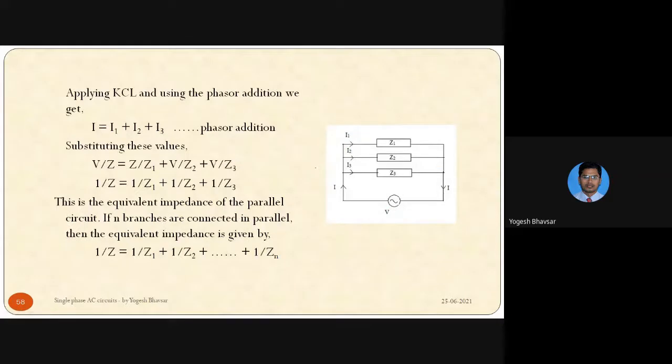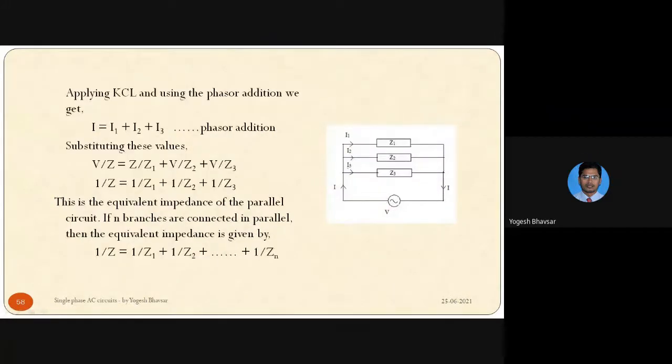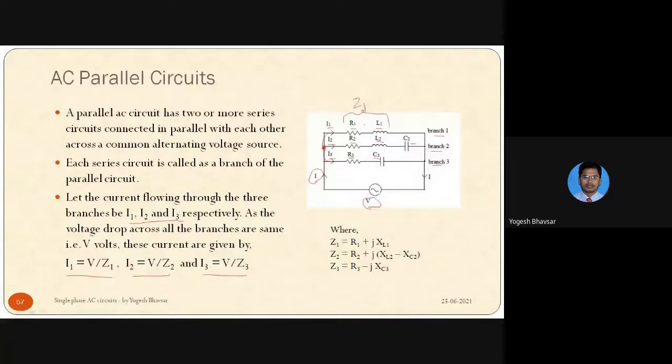In the next diagram, we can simply represent the above circuit by Z1, Z2, Z3, where Z1 is equal to R1 plus jXL1 in rectangular form. So I1 is equal to V by Z1, I2 is equal to V by Z2, and I3 is equal to V by Z3.